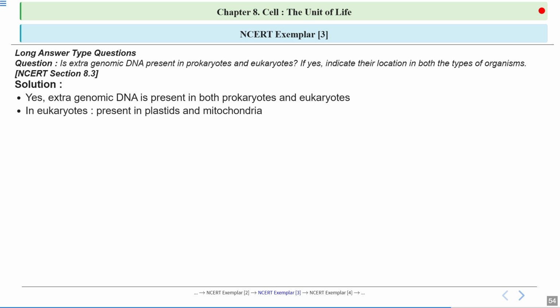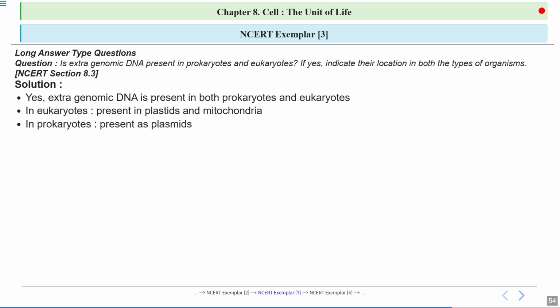In eukaryotes, it is present in the chloroplast, which is a plastid, and in mitochondria as well. Chloroplast has its own DNA, and mitochondria also have their own DNA, which is actually small circular DNA. Clear? In prokaryotes, plasmids are present.